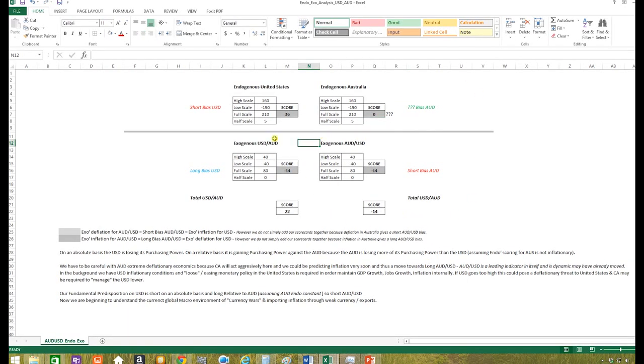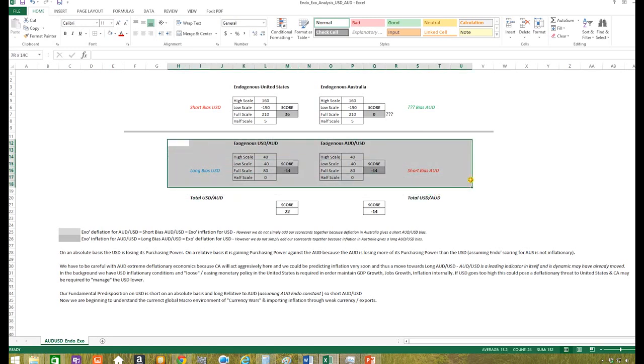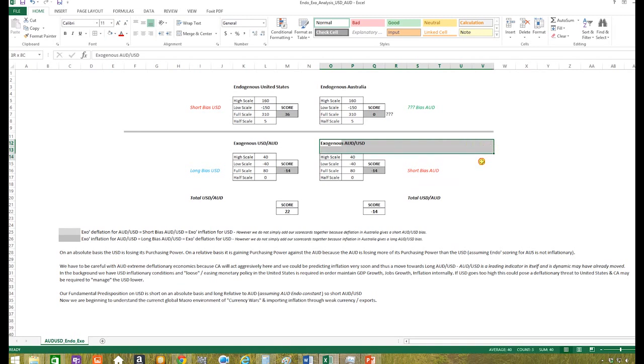Now, when we move on to the exogenous analysis lower down, what we have here on the right-hand side, our subject was to look at the Australian economy and use the Australian dollar US dollar as a proxy for our view on the Australian economy relative to the United States economy.